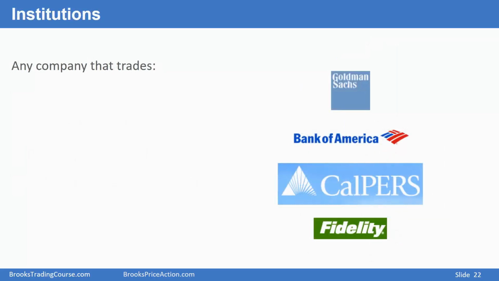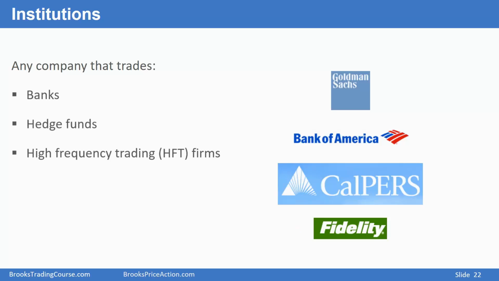You'll sometimes hear me talk about an institution, Bank of America, CalPERS, the pension fund for state employees in California, Fidelity Investments, those are all institutions. Goldman Sachs. An institution could be a bank, it could be a hedge fund, a high-frequency trading firm, pension fund like CalPERS, mutual funds like Fidelity.